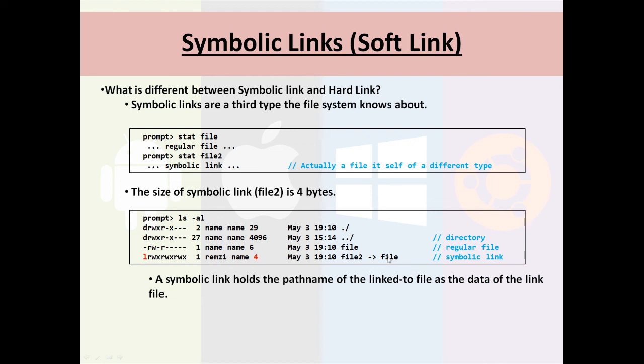And because we've linked a file named file, our link file, file2, is small, or 4 bytes. If we had a longer path name, our link file would be larger in size. These are both in the same directory, so it's relatively small. But like I say, longer path name, larger size of link.